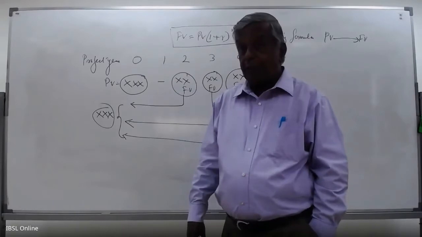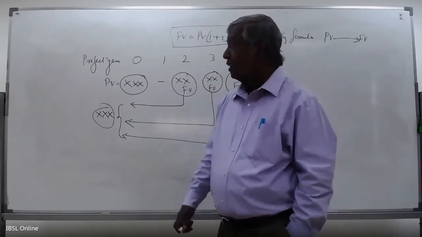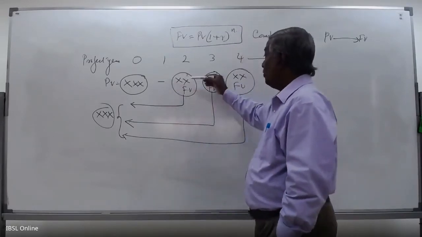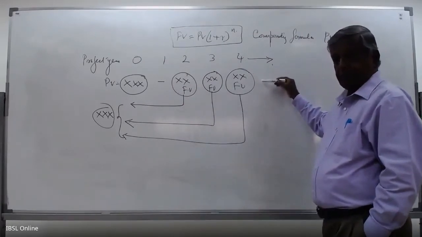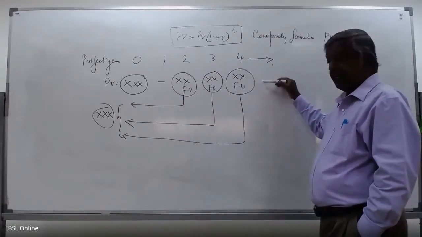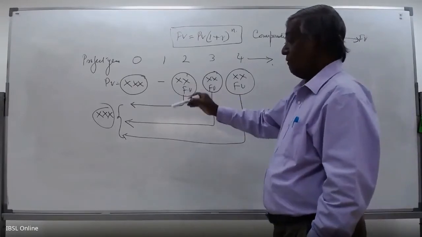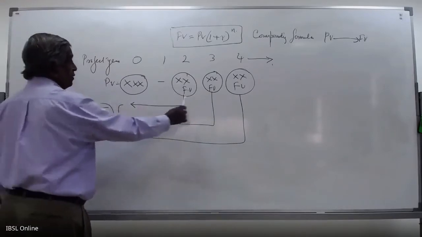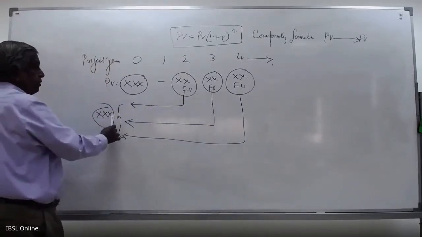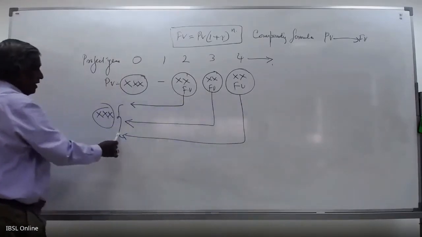So for that purpose, you have to convert all your future values to the present value. One by one, convert this one to the present value, convert this one to the present value, total it.